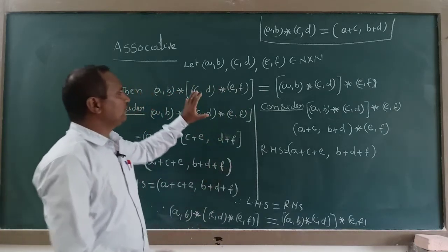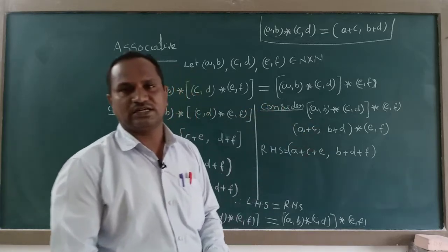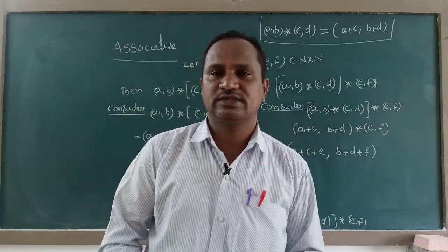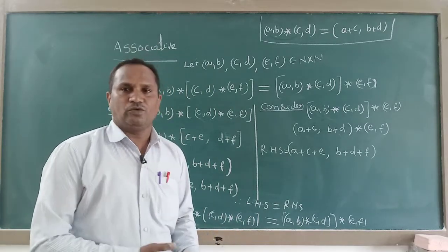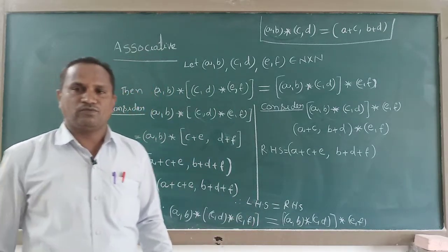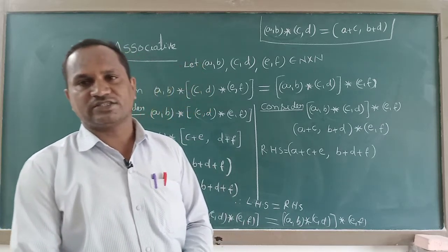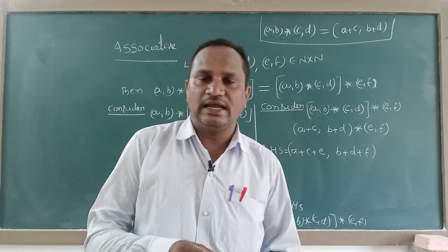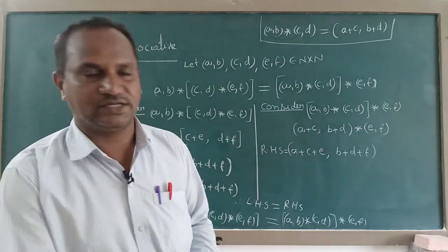We mean that the value we got for LHS, the same value we got for RHS also. That's what we have written here. LHS is equal to RHS. Now we have proved both commutative and associative. But now the last question is whether an identity element exists or not. Let us check now.